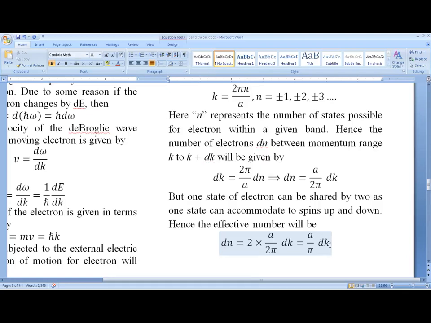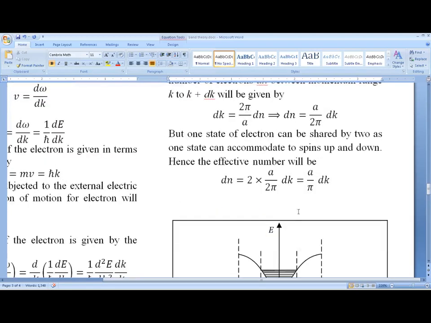So within dk interval of wave vector, this many number of states of electrons are going to exist. Of course, here 2 is gone, that's why it is a by pi dk. So please keep these terms in mind: degree of freedom, effective number of electrons inside a given band.